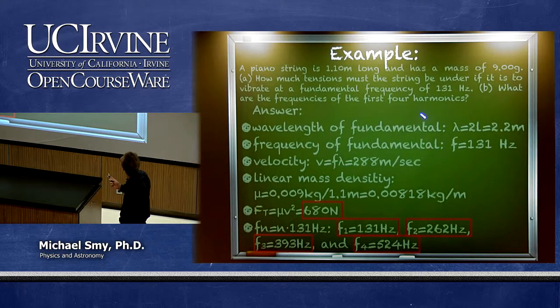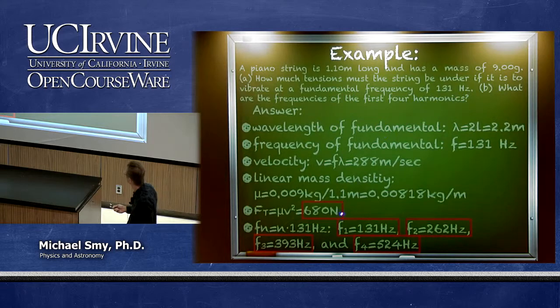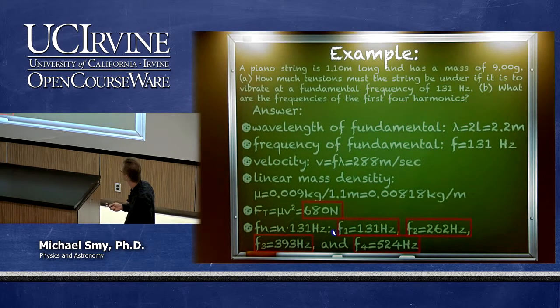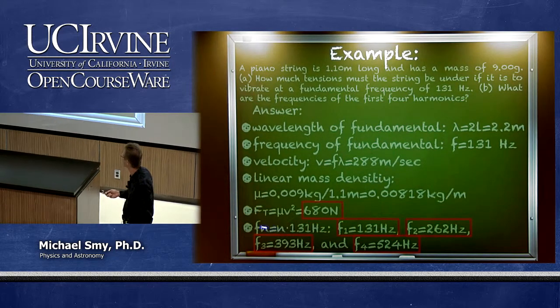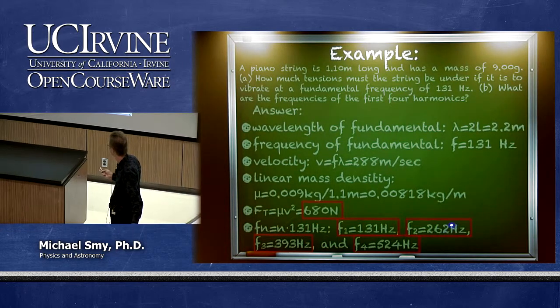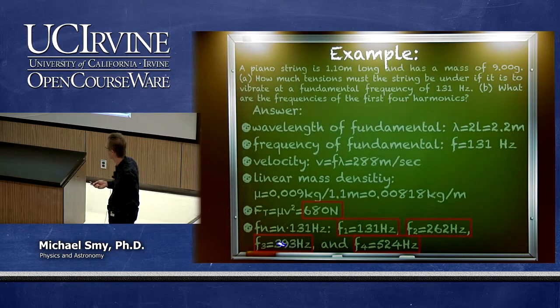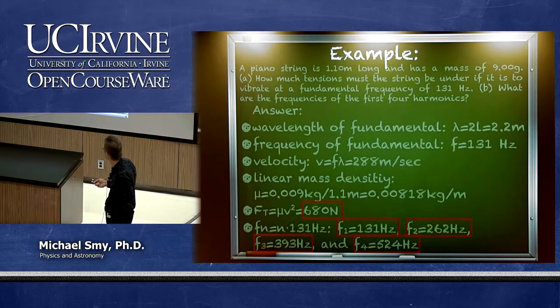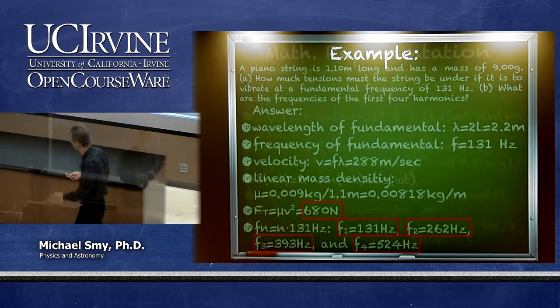The fundamental frequency is already given as 131 Hertz. So that's already one result. The next one is just twice as much, or 262 Hertz. The third order is 393 Hertz, and the fourth harmonic is 524 Hertz.